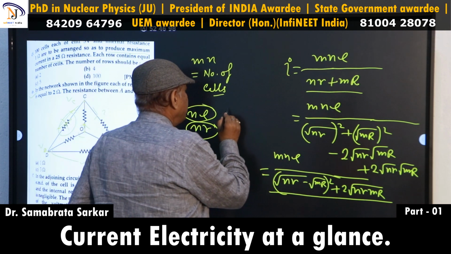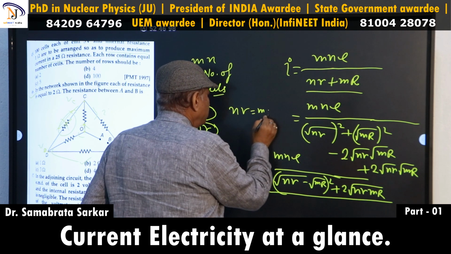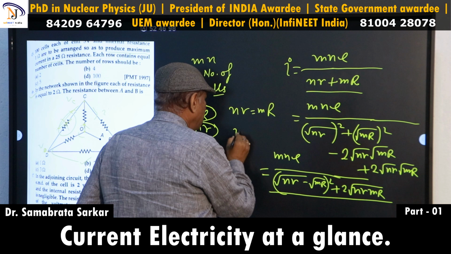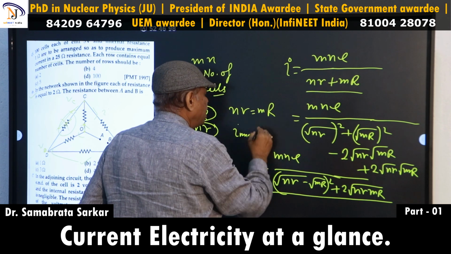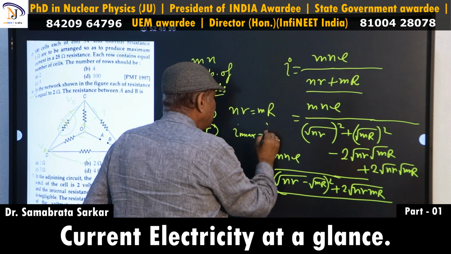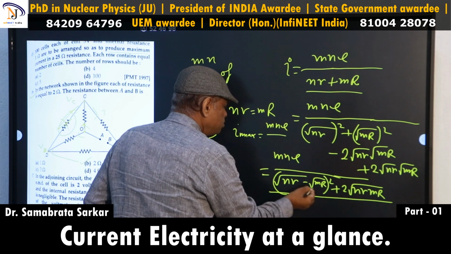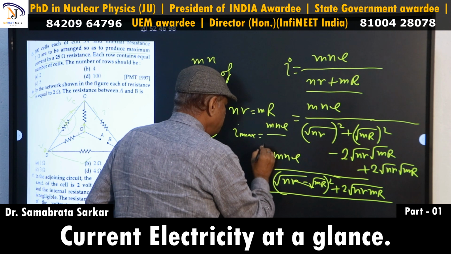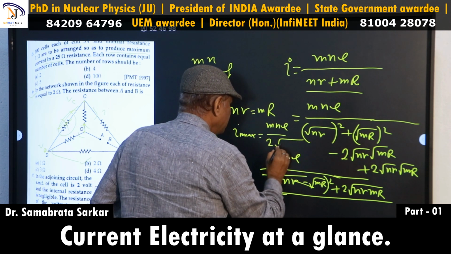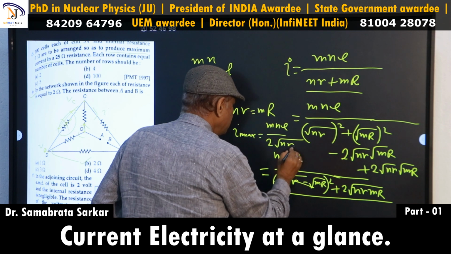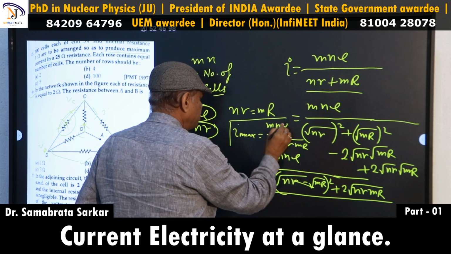Then when NR equals MR, I will be I max. I max equals MNE divided by twice NR MR, isn't it? Do you follow me?